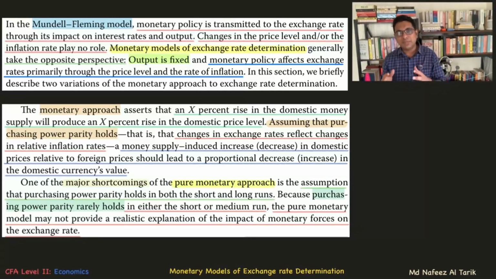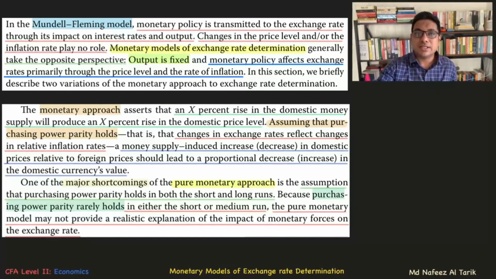What does it mean? It means when there is a money supply induced increase in domestic price level relative to foreign price level, there will be a proportional decrease in the domestic currency's value.